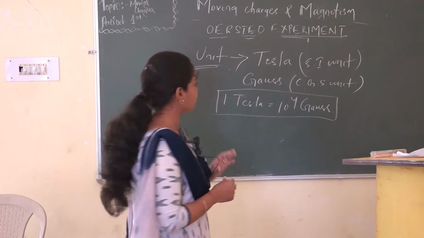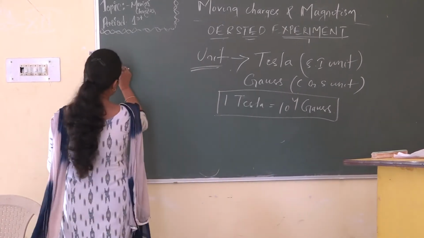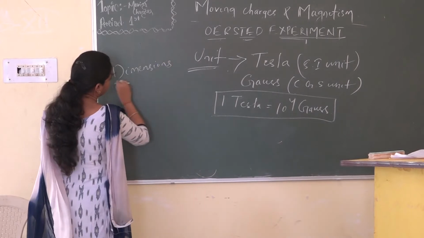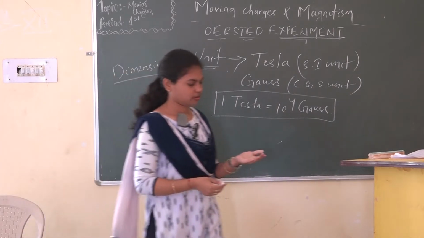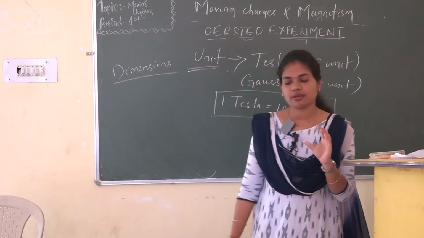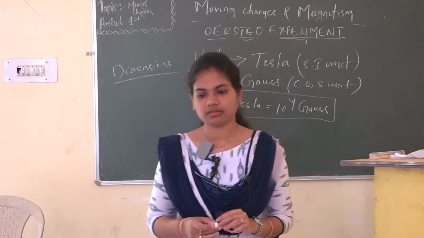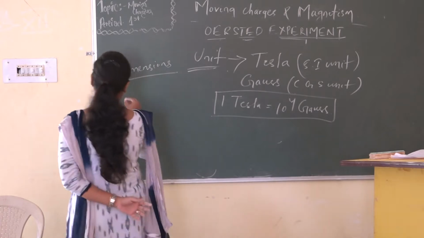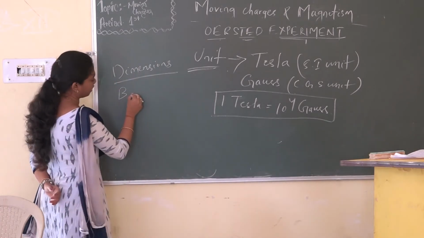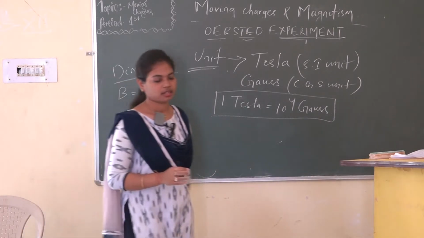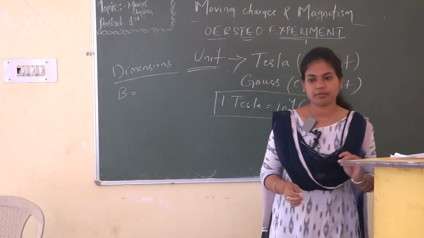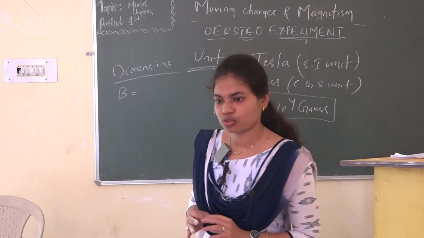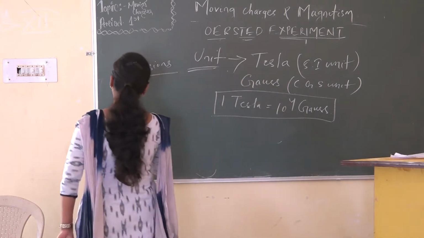Okay. Then what is the dimension of magnetic field? In which symbol do we denote the magnetic field? B. The symbol of magnetic field is B. Then what is the expression of magnetic force?